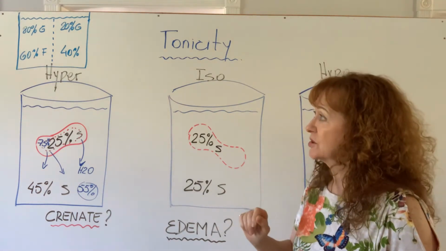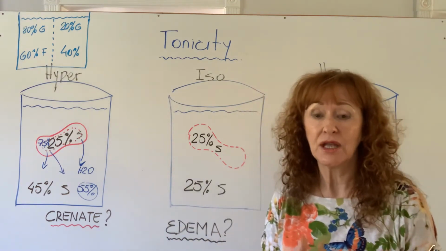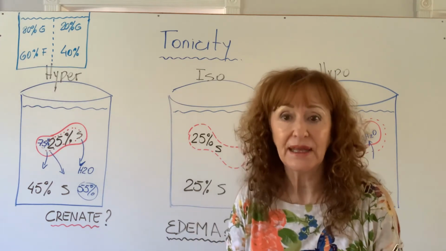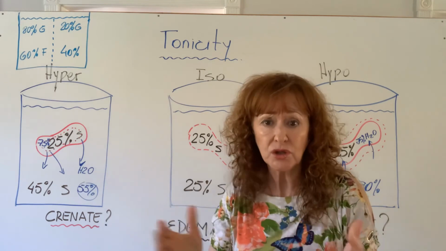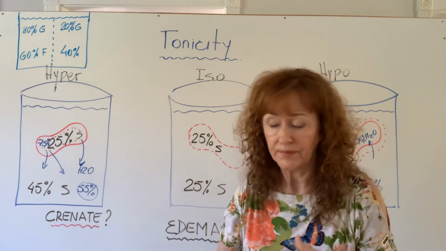And I want to mention that there are certain factors that affect the rate of diffusion. The rate of diffusion is how the diffusion is running, how fast, how slow.